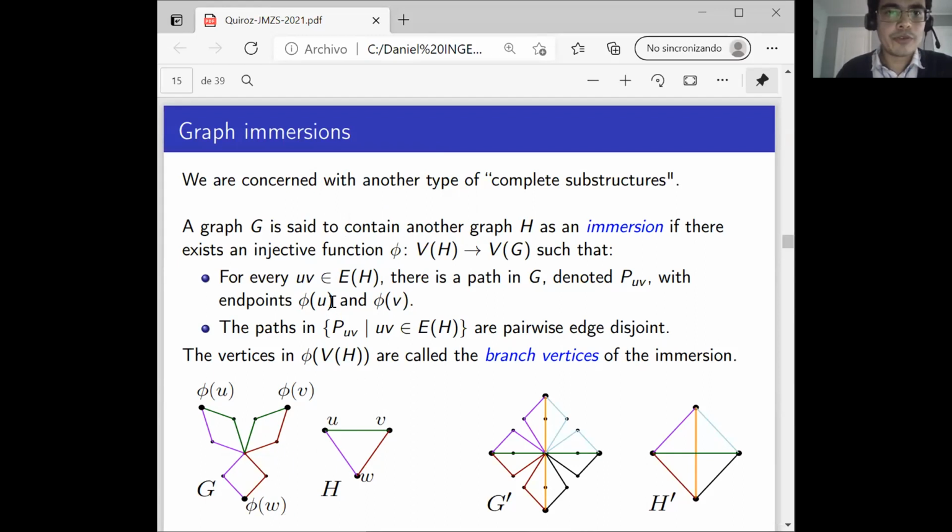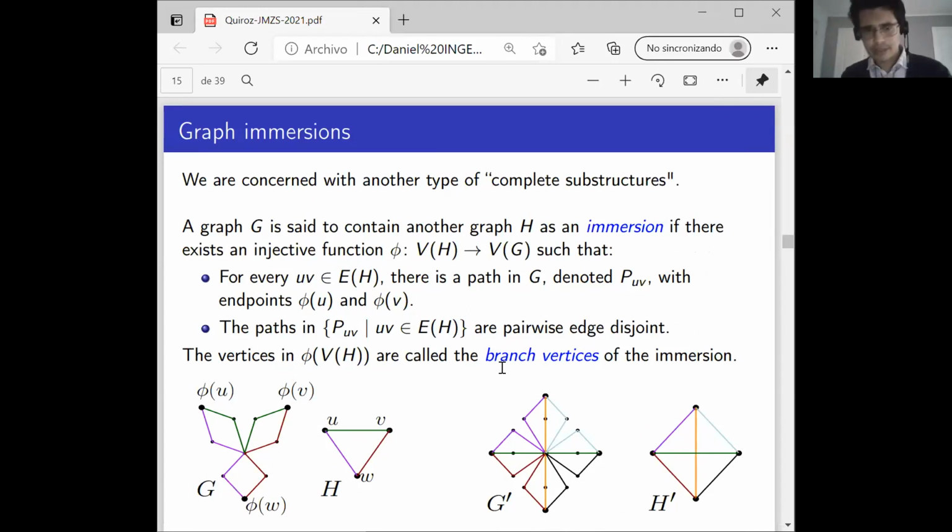And for each edge in H, we need a path in G. For this purple edge, we have this path. For this green edge between u and v, we have this path between the images of u and v, and for this red edge, we have this path, and they are pairwise edge disjoint. So we have shown that G contains H as an immersion.